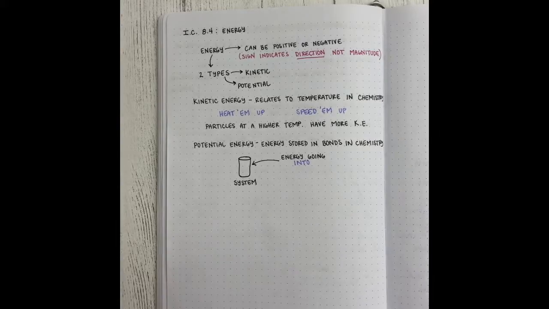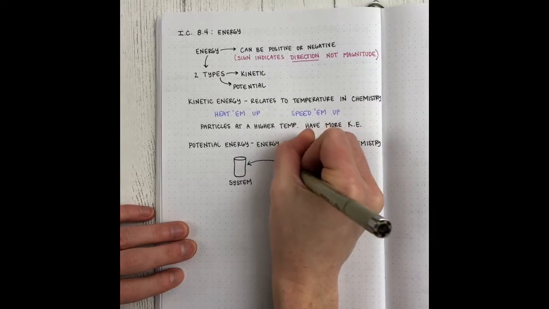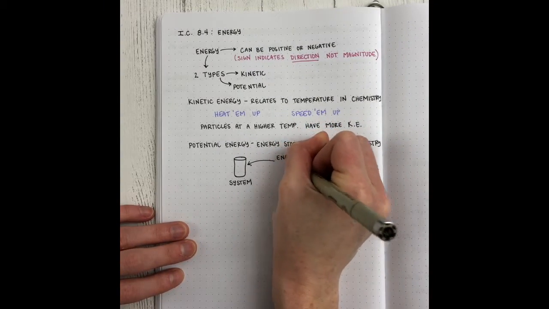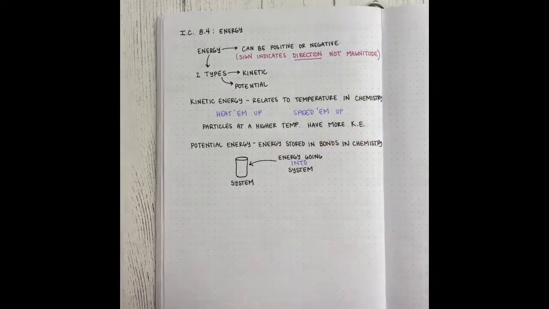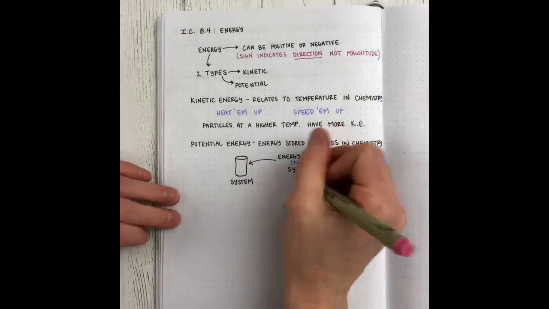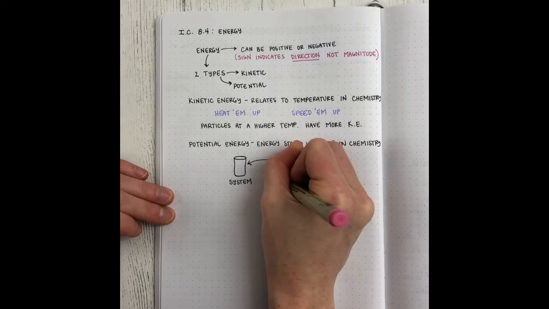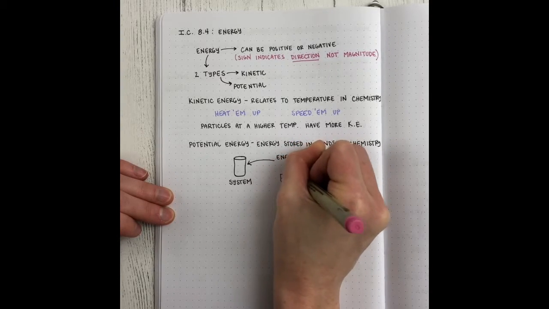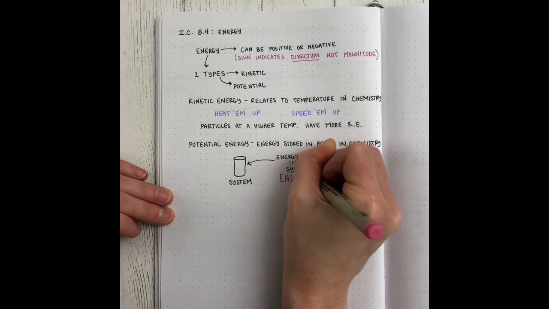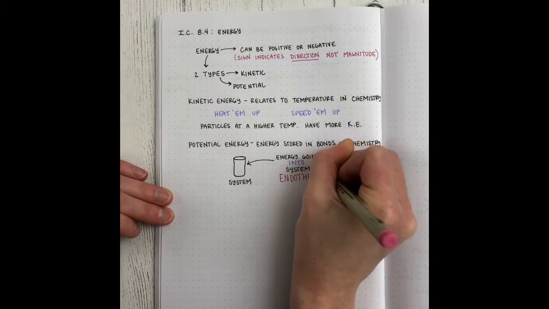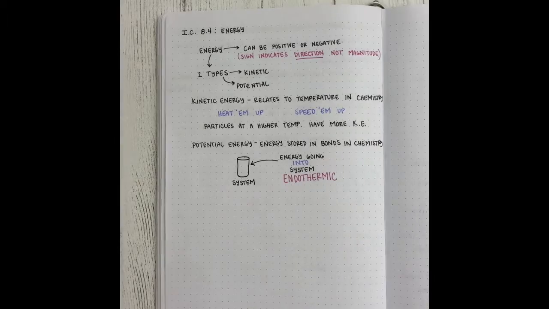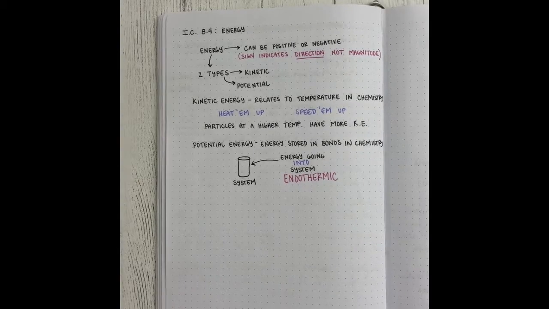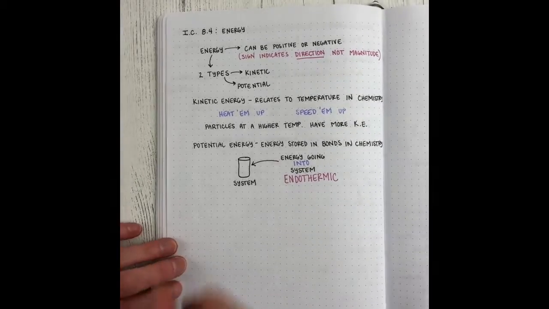But when energy is going into the system, so you see I've drawn an arrow here pointing to the beaker, energy is going into the system, then the energy value is positive, and this is an endothermic reaction. Again, energy value is positive, and this is an endothermic reaction.